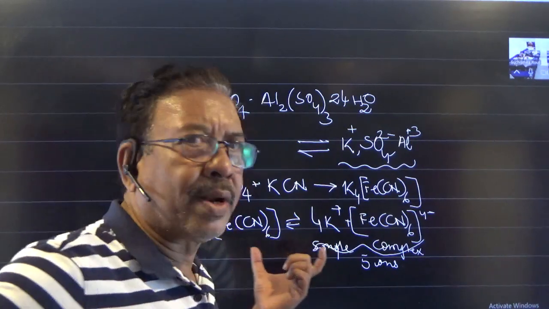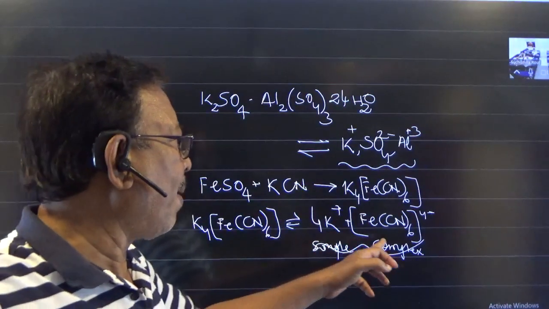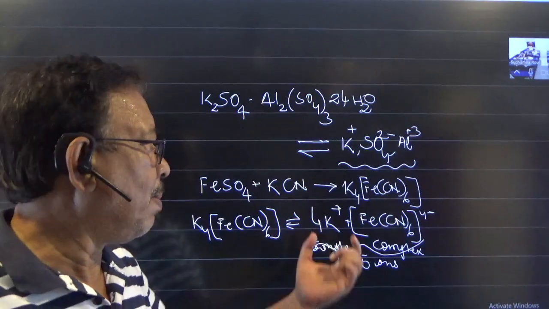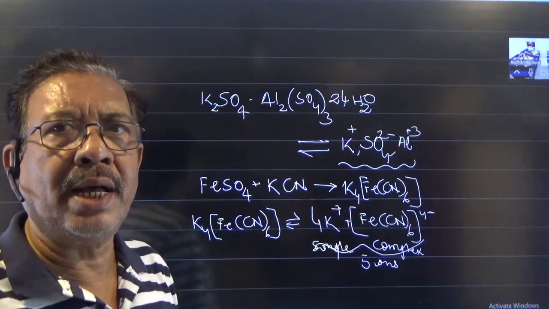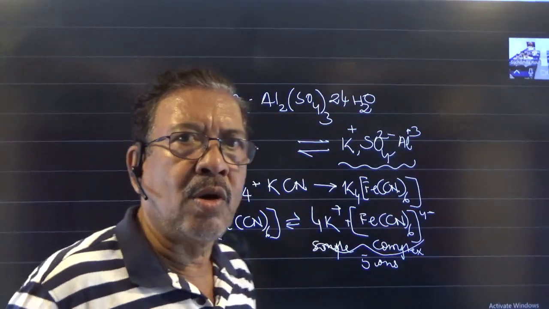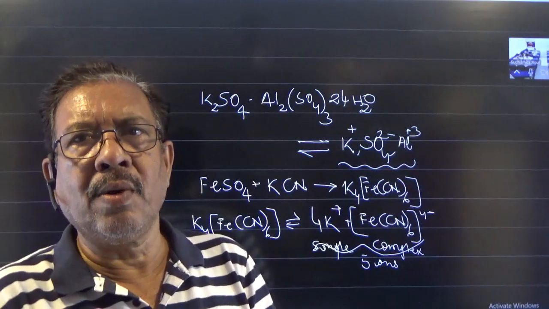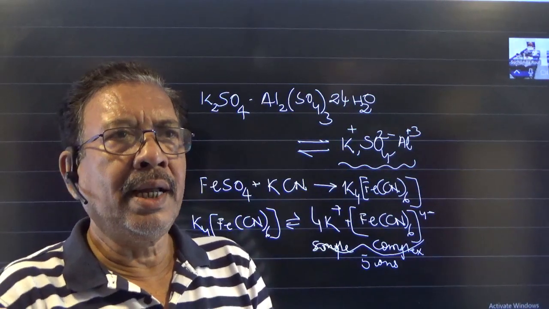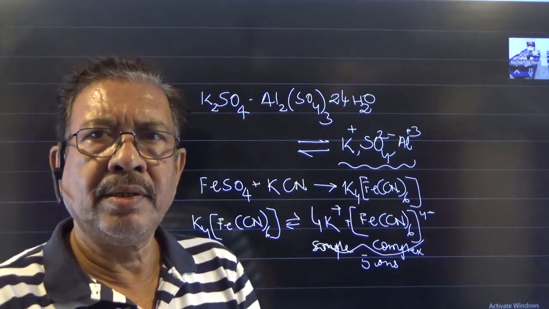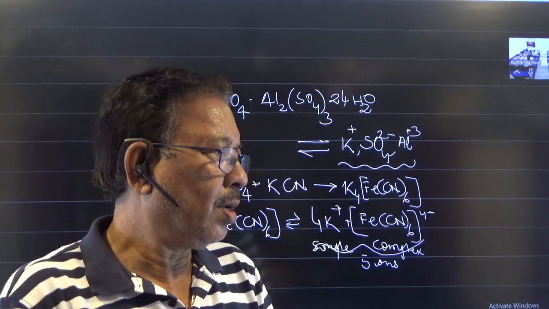Whenever potassium ferrocyanide is dissolved in water, it gives a complex ion and a simple ion. Clear? Now, complex compounds are those which, when dissolved in water, form a simple ion and a complex ion. Are you clear?